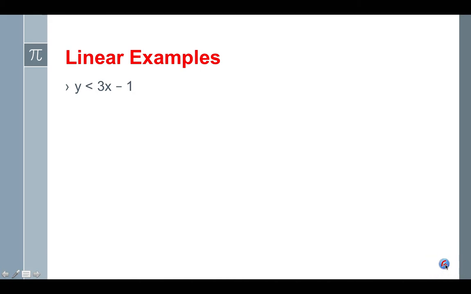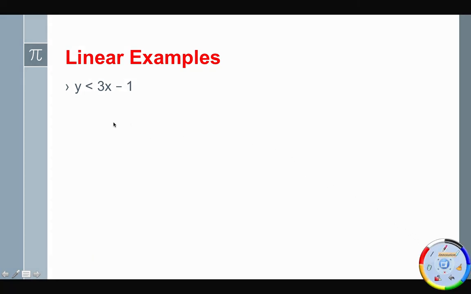So here we have the linear inequality, y is less than 3x minus 1. So what I need to do is set up some axes. And on this set of axes, I need to put on -1 because my y-intercept, by the way, is the -1, and my slope is 3.